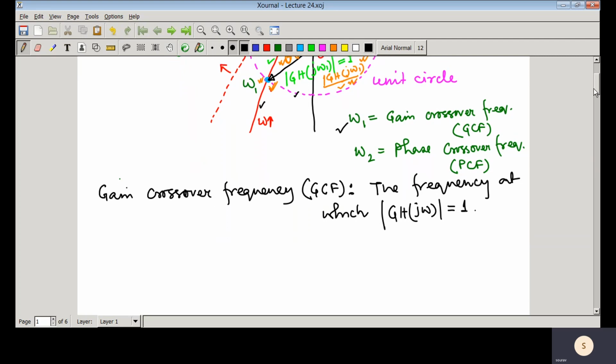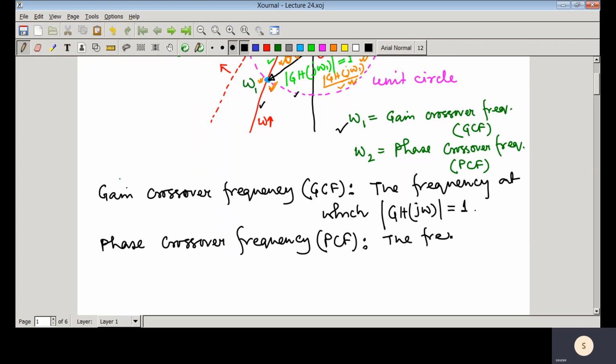So then what is phase crossover frequency? Phase crossover frequency is called PCF. So this is that frequency at which the phase, that means we have that loop transfer function, that phase would be equal to minus 180 degree.